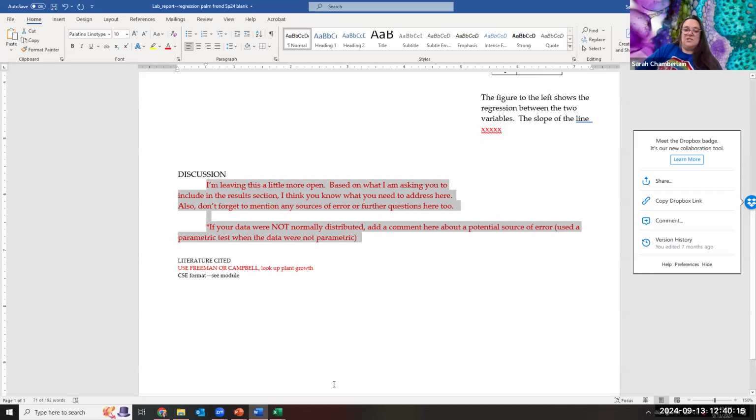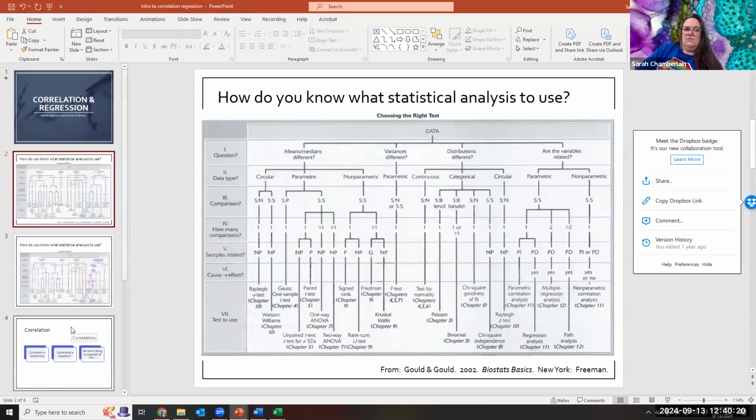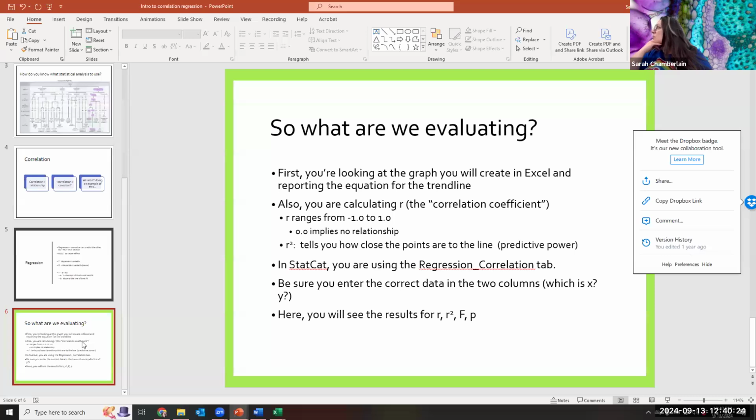So all the stuff that we talked about here is the stuff that you're going to want to address, right? So you report the R in the results section, but then you explain what your R means, what the R tells you in the discussion, right? And what does the R squared tell you in the discussion? And then what does the P tell you? Yeah? Okay.